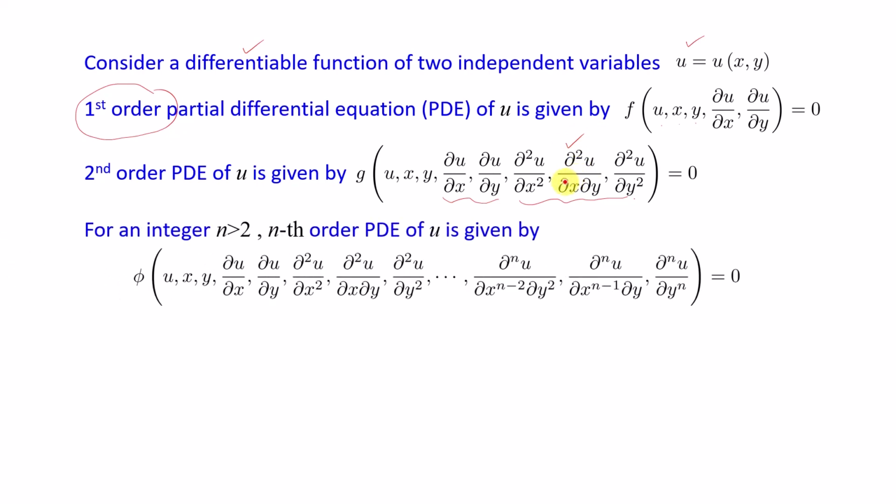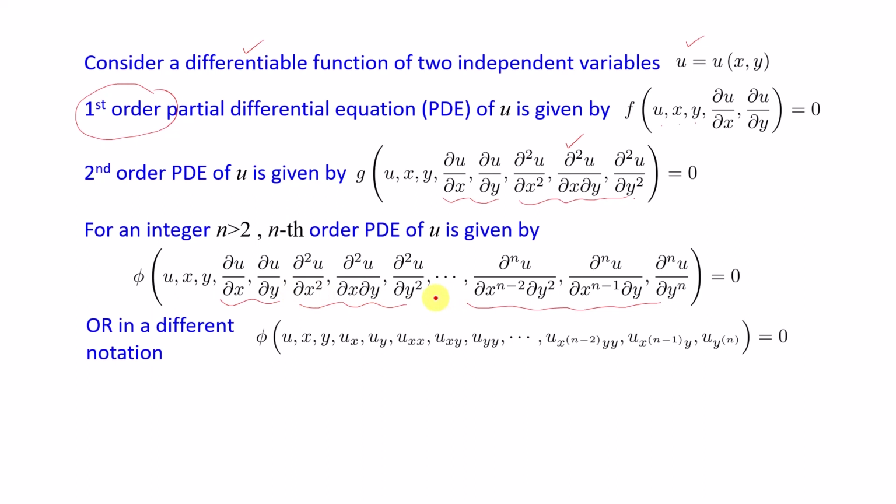In the same manner, we can define third order, fourth order, etc. So in general, nth order partial differential equation of u will be given by a function of u, x, y, then the first derivatives, second derivatives, and then third derivatives, fourth derivatives, etc., up to nth derivatives, to include a lot of cross derivative terms.